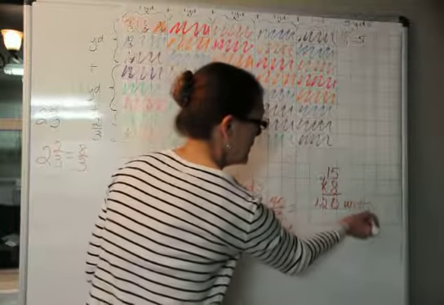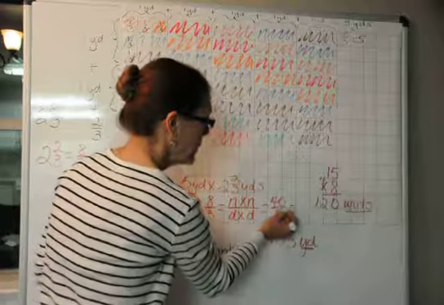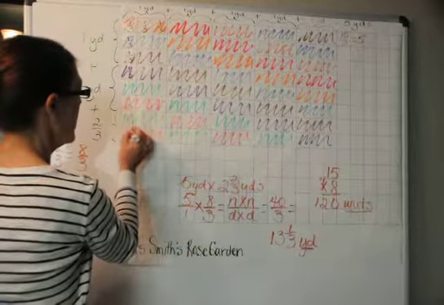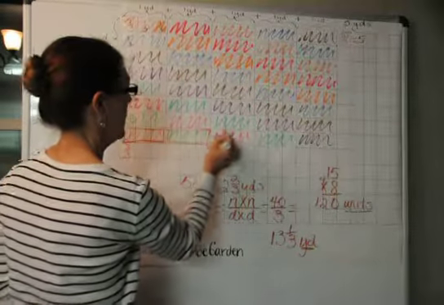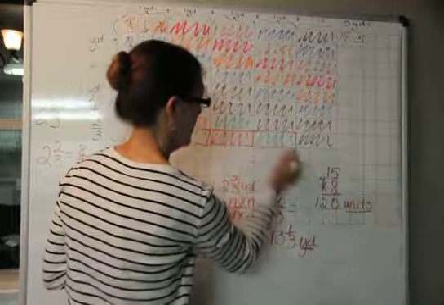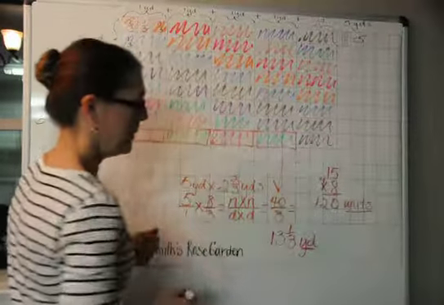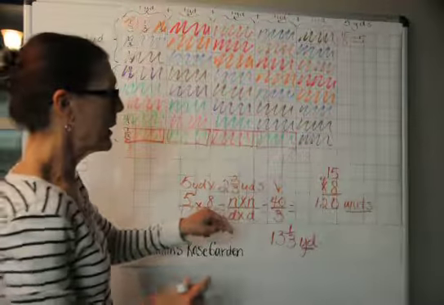This is units, this is yards. So these are groups of 3. Each of these groups of 3 is what is represented in this 40 thirds, this fraction of 40 thirds.